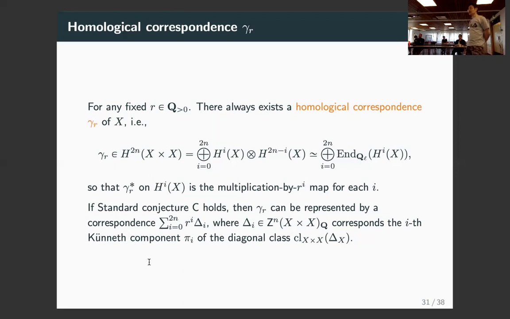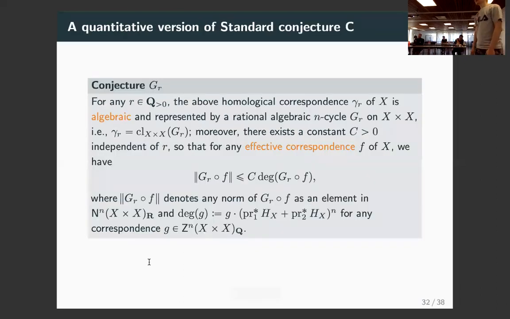If standard conjecture C holds, then gamma R can be represented by a correspondence, the sum of R to the I times delta I, where delta I is the Künneth component. Then the quantitative version of standard conjecture C we call conjecture GR.